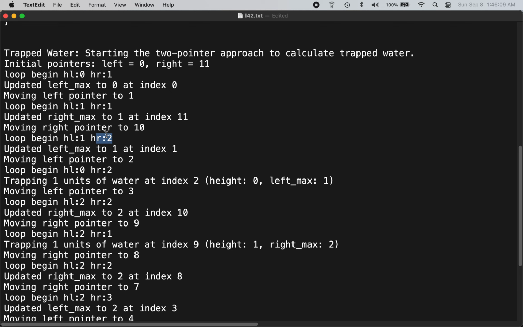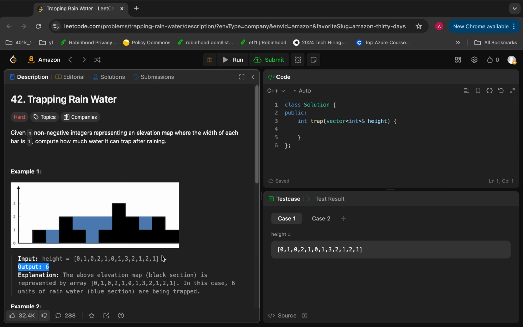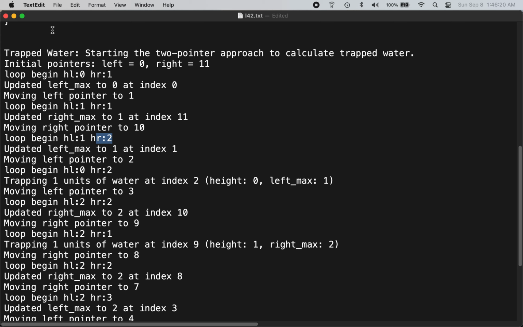Let me copy the thing so that it becomes easier to understand what's going on. So let me put it here. This is where the height right equals 1 for the first one, and then it becomes 2 here.